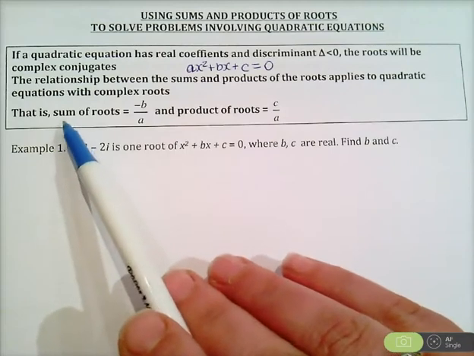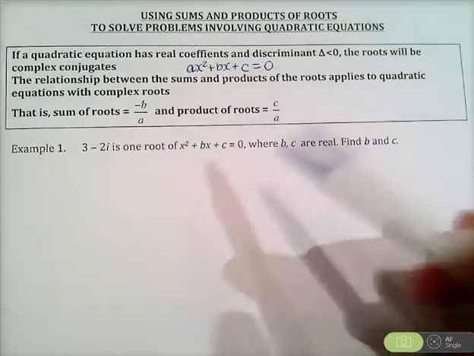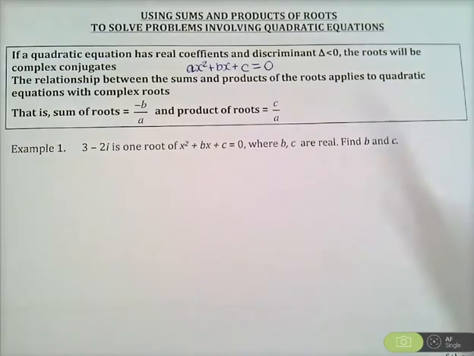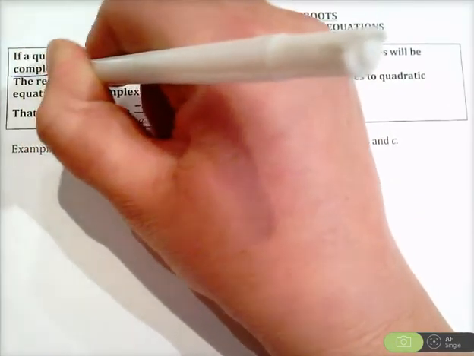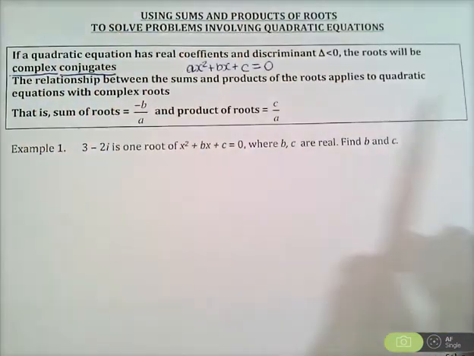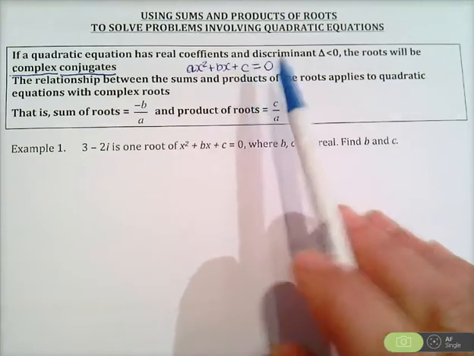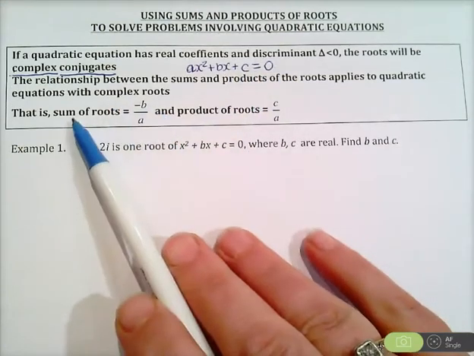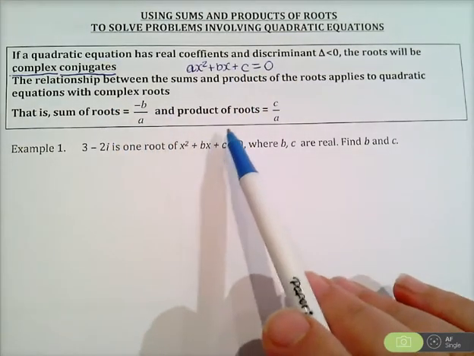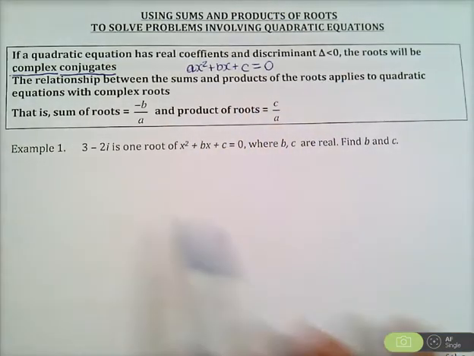So, same as before, sum of roots is minus b on a, and product of roots is c on a. So we're going to use the fact that the roots are complex conjugates of each other if the coefficients a, b and c are real, and also that sum of roots is minus b on a and product of roots is c on a, with these few examples I'm going to do now.